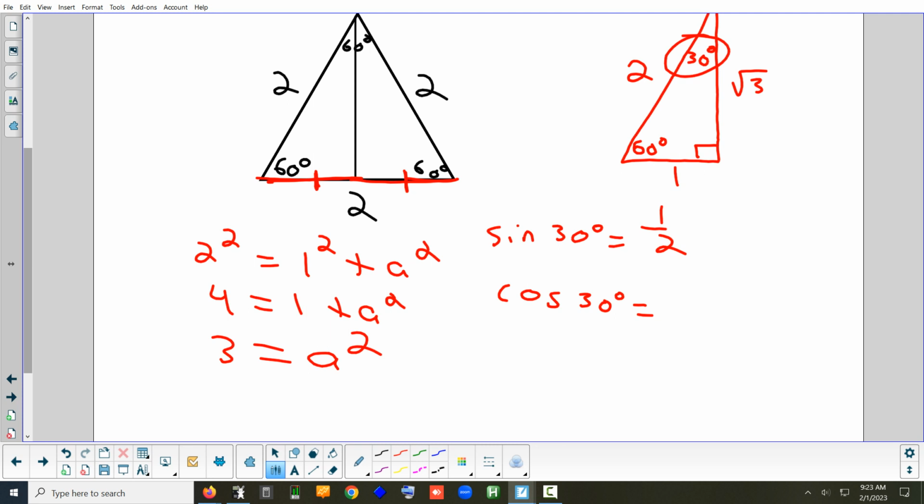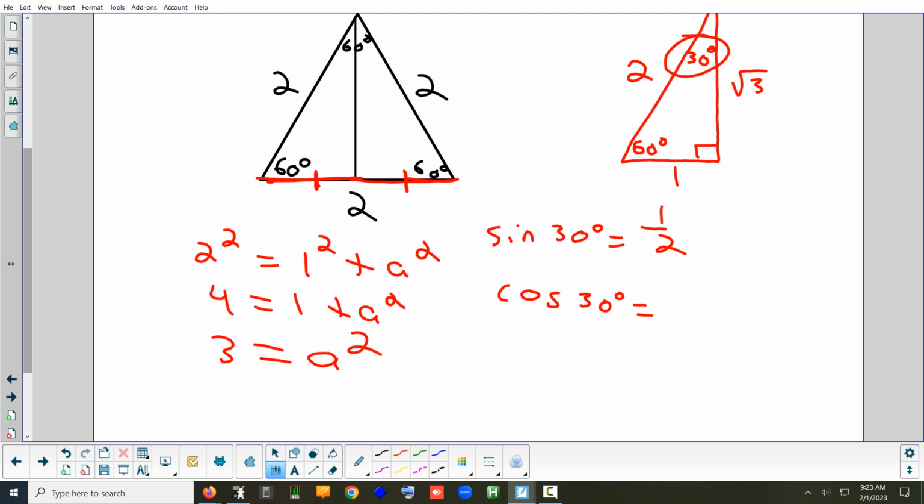Okay, what's our formula for cosine? Just tell me the formula. Adjacent over hypotenuse. So what would be my cosine if that's the formula? That would be 1 over 2. 1 over 2, that's my sine. That's opposite over hypotenuse.